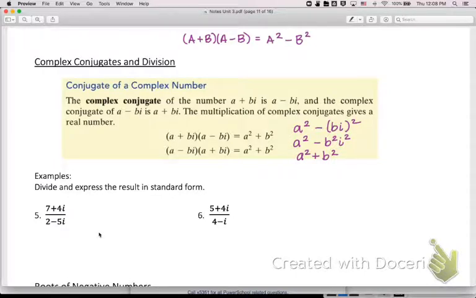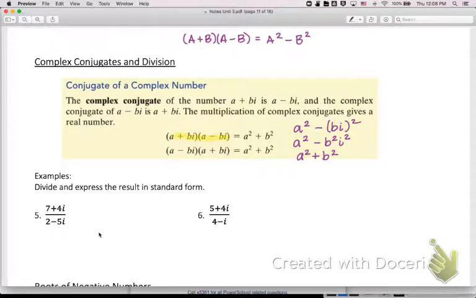If all else fails, you can always just use your FOIL or your distributive property and multiply that out. But if you remember, complex conjugates end up giving you the sum of two squares, which, remember, we said is not factorable using real numbers, but we can do it using imaginary numbers.